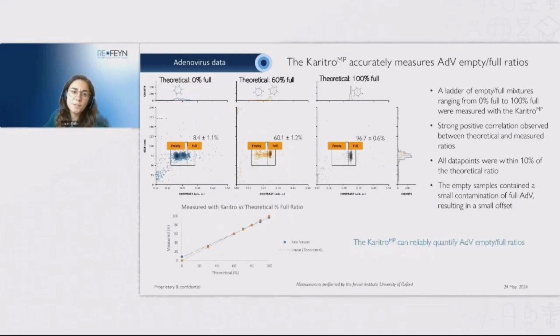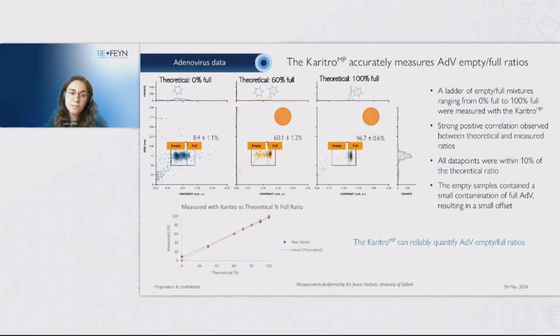So the next step after these initial experiments was to measure more complex samples. Here we measured a ladder of empty-full mixtures ranging from 0% to 100% full capsid. This was done in collaboration with the Jenner Institute at the University of Oxford. In these 3 plots you can see how the data appear for the various mixtures.